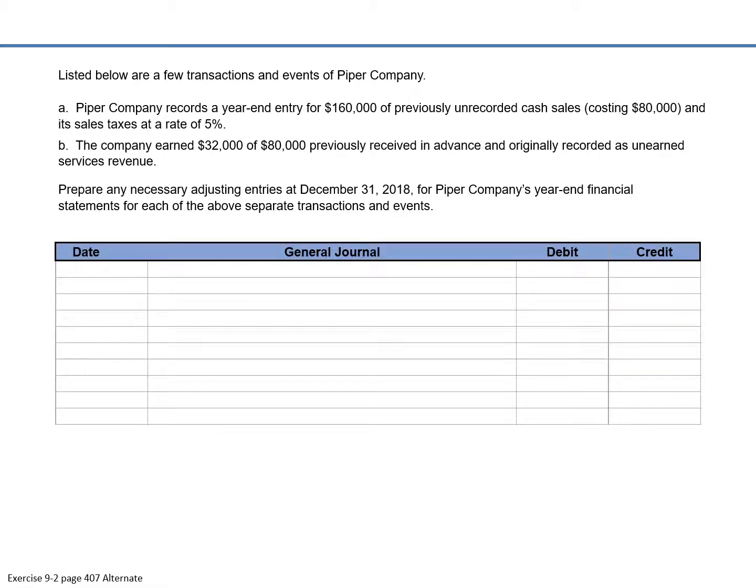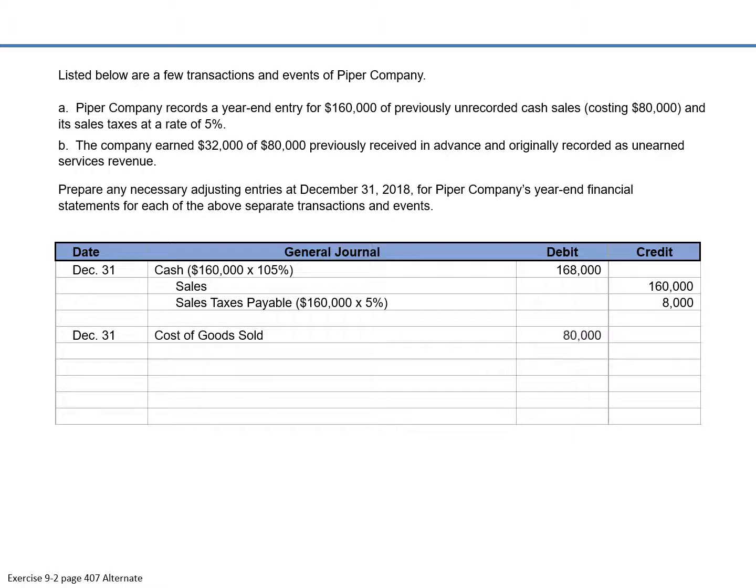The first entry, we're going to record our sale, credit to sales for $160,000, credit to sales tax payable for $160,000 times 5%, then debit to cash for the total. Then we have to record our costs, so we're going to increase our cost of goods sold with a debit of $80,000. We're going to reduce our merchandise inventory for $80,000 with the credit.